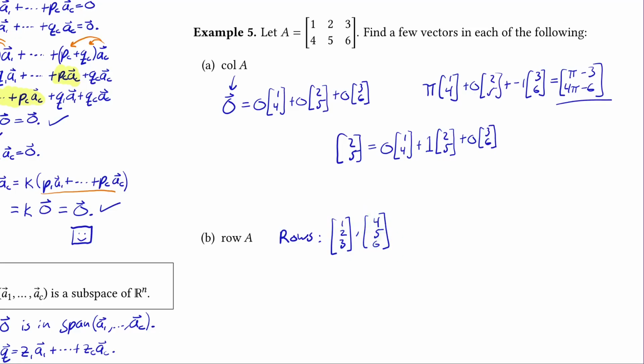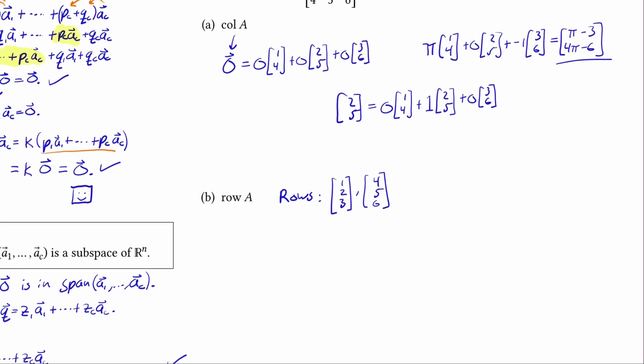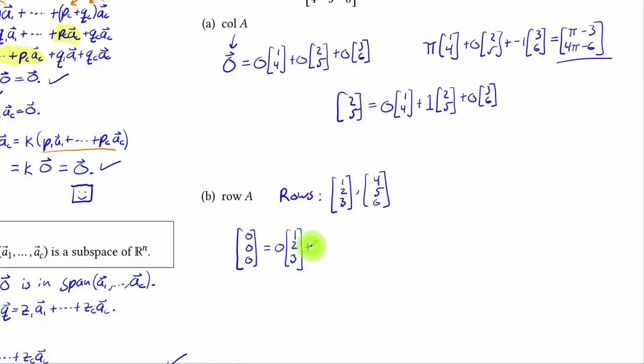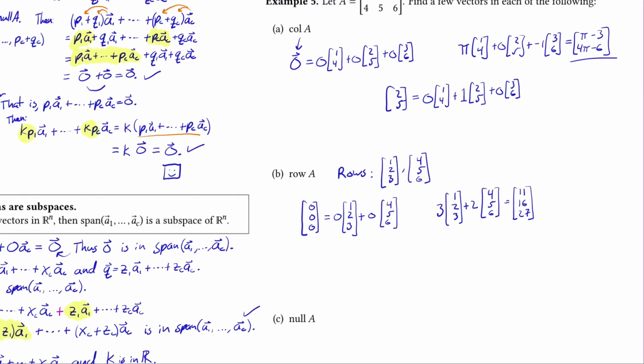So the span of those rows is what we're talking about. That includes the 0 vector in R3 this time, because we're taking a linear combination of R3 vectors, or any other linear combination that you want, like so. So these vectors are in the row space. So it's easy to find vectors in the column space or the row space.